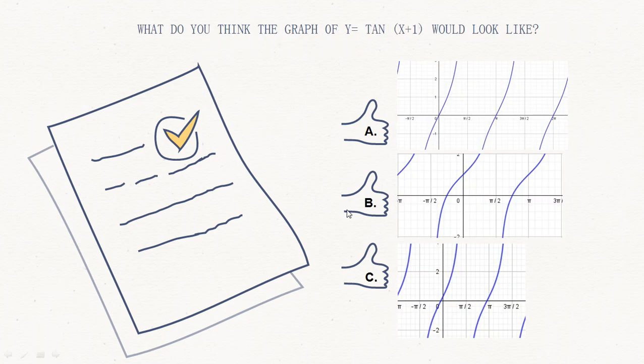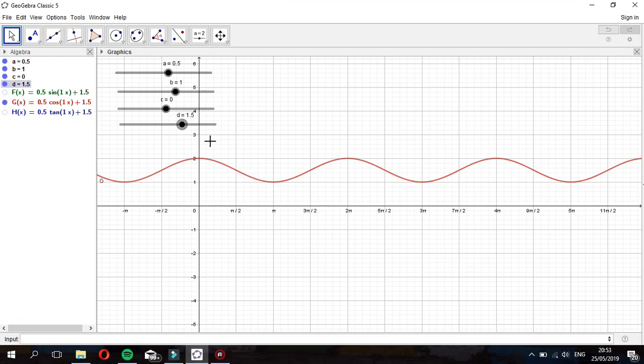Last question. What do you think the graph of y equals tan x plus 1 would look like? Check the videos. And the question number 3, the question is tan x plus 1.